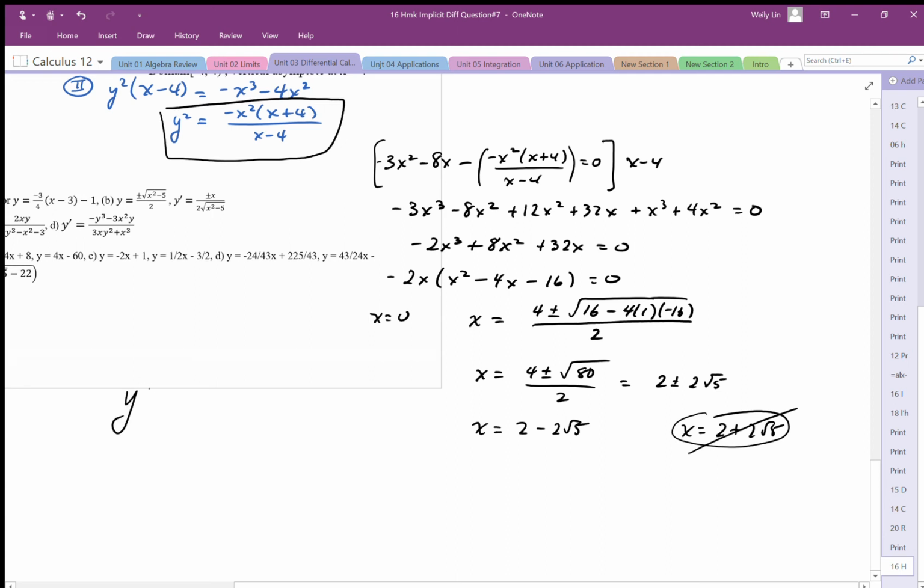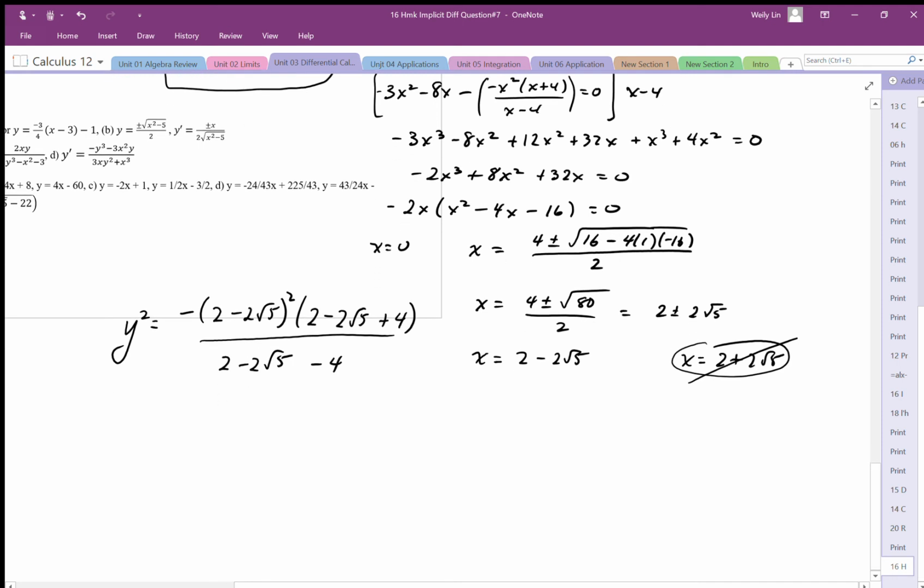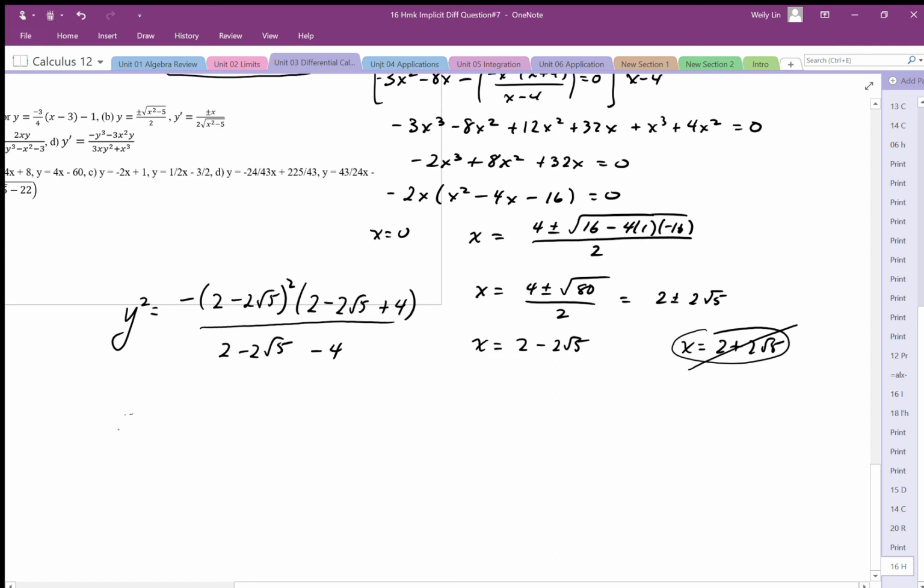So I get y squared is equal to negative of 2 minus 2 root 5 squared times 2 minus 2 root 5 plus 4. Okay, and that's all over 2 minus 2 root 5 minus 4. Okay, so I need to do some simplification here.